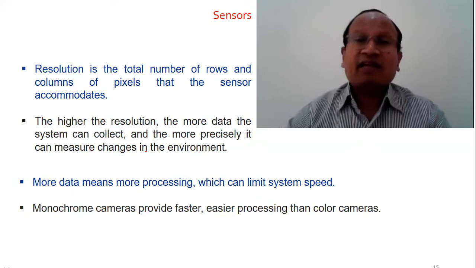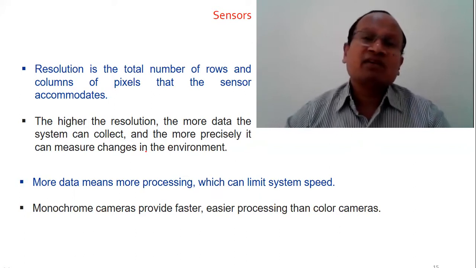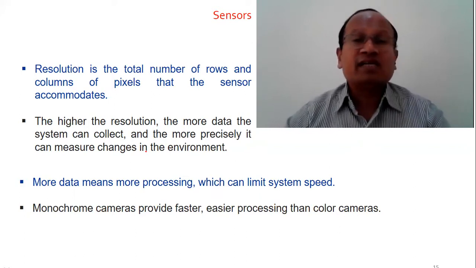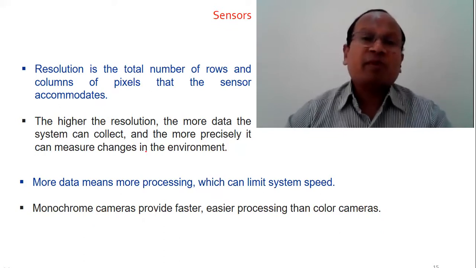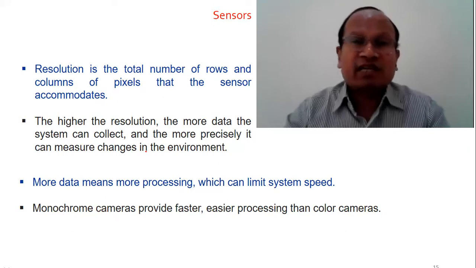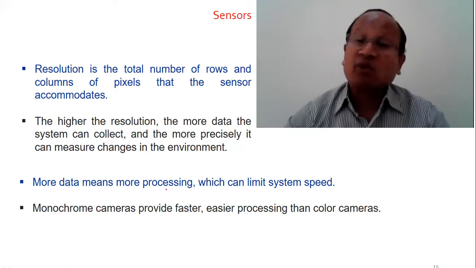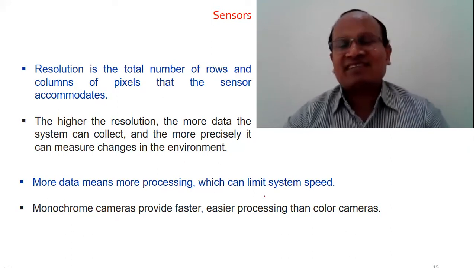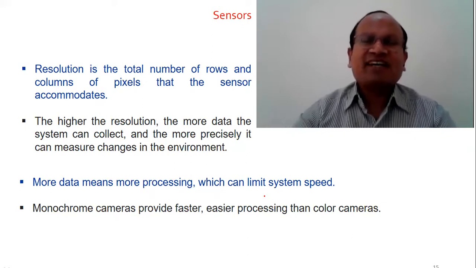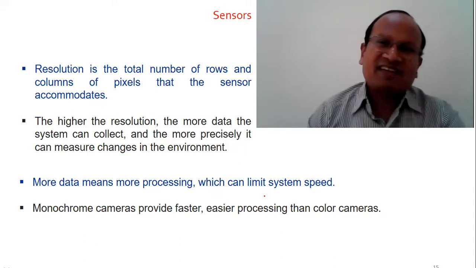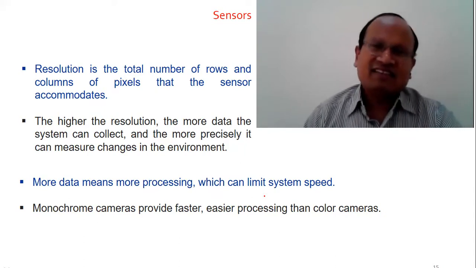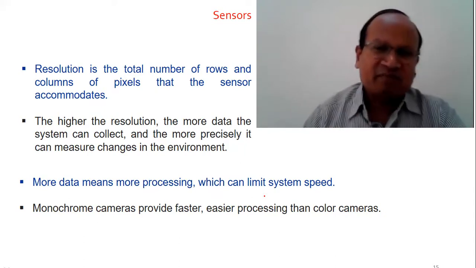But definitely something has to be sacrificed. If you want higher resolution, more data will be there. If more data is there, the processing will accordingly increase. More data means more processing, which can limit the system speed and affect the speed of processing.